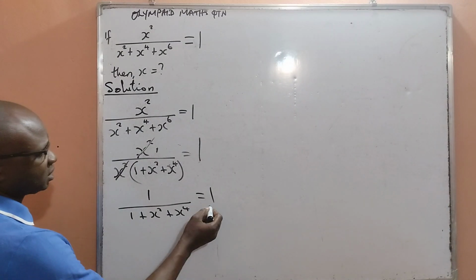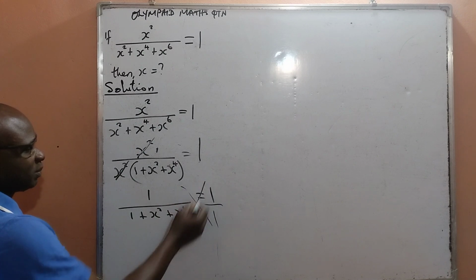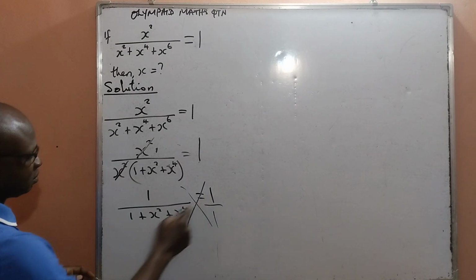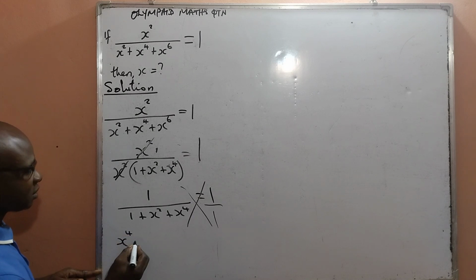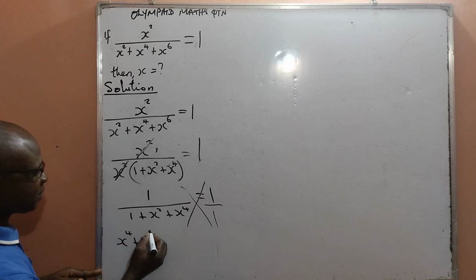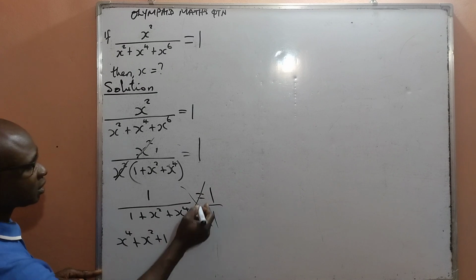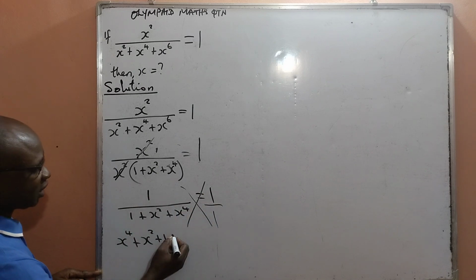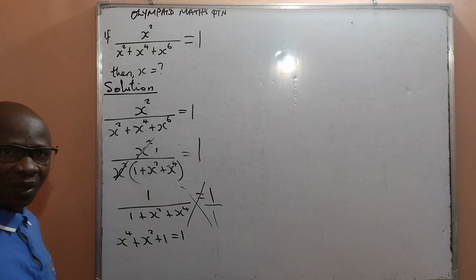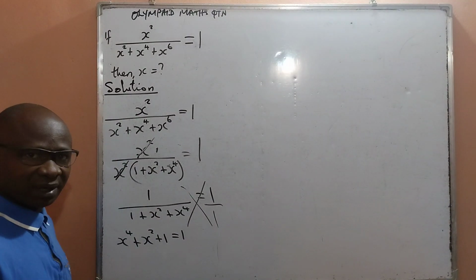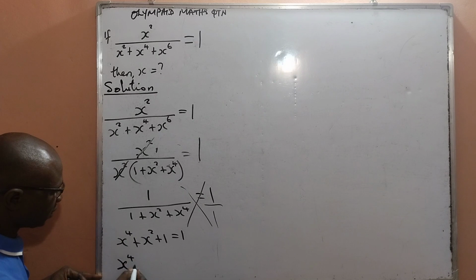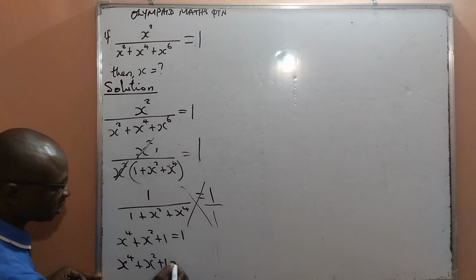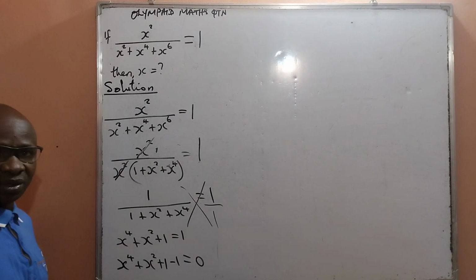At this point, I can take a cross multiplication so that 1 multiplied by this will give me x to the power of 4 plus x to the power of 2 plus 1, and 1 times 1 will give me 1. Now, moving this 1 from the right to the left, I will get x to the power of 4 plus x to the power of 2 plus 1, then minus 1 equal to 0.